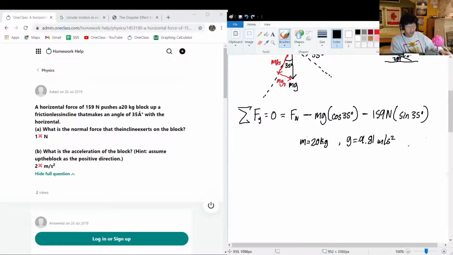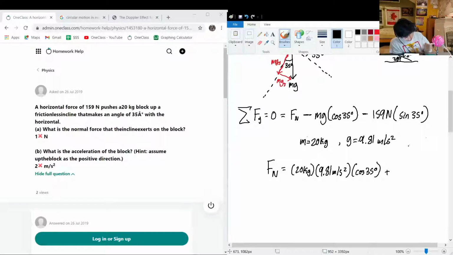Okay, cool. Let's sub these in, but first let's isolate Fn, because that's going to be our target variable. So Fn, and then we're going to bring these two terms to the other side, and let's sub in m and g. So m is equal to 20 kilograms, multiplied by 9.81 meters per second squared, multiplied by cos 35 degrees.